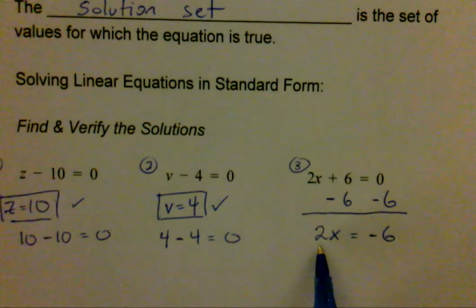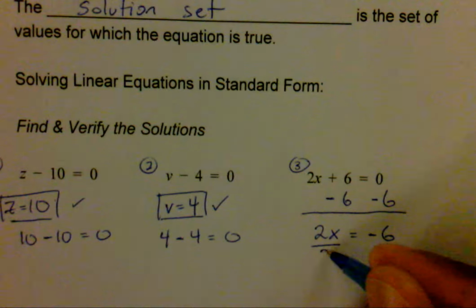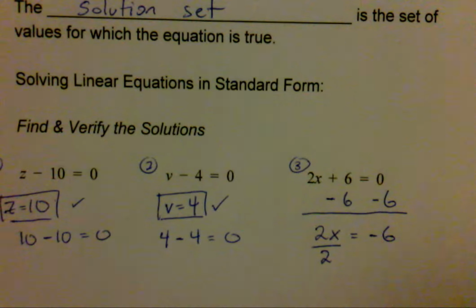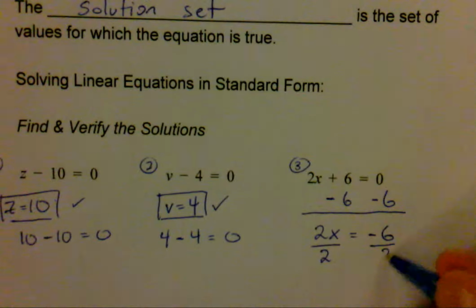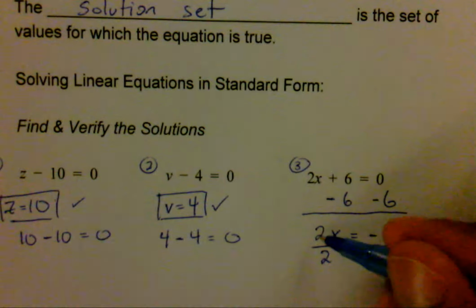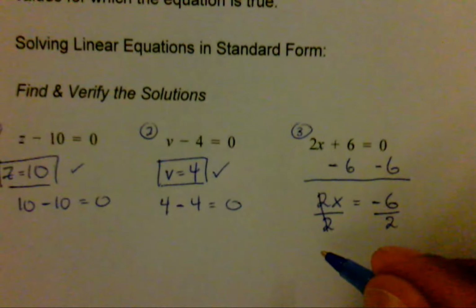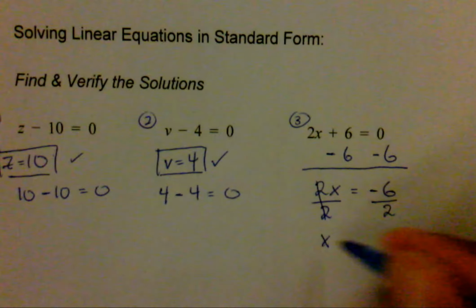Okay, now I have x being multiplied by 2, and I want to get x by itself, so I can undo multiplication by 2 by dividing by 2. If I do that on the left side, I have to do the same thing on the right side, in order to keep these equations balanced. So 2 divided by 2, these cancel because those are 1. 1 times x just leaves me with x on the left.